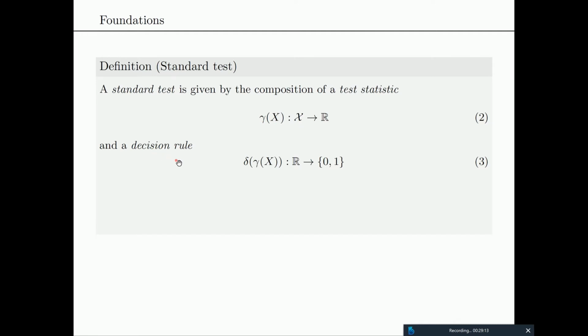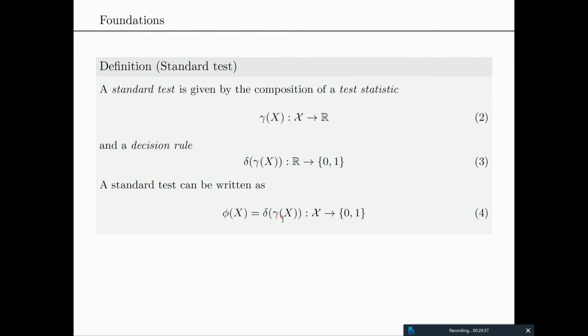And then, based on the value of this statistic, uses a decision rule to map the value of the test statistic to the decision reject the null hypothesis or not reject the null hypothesis.